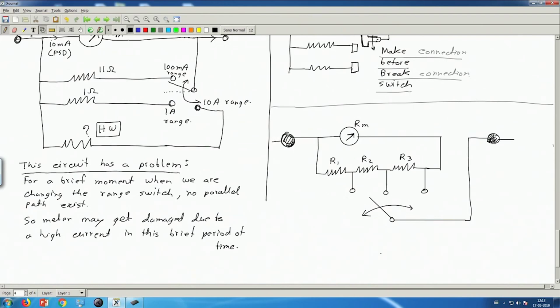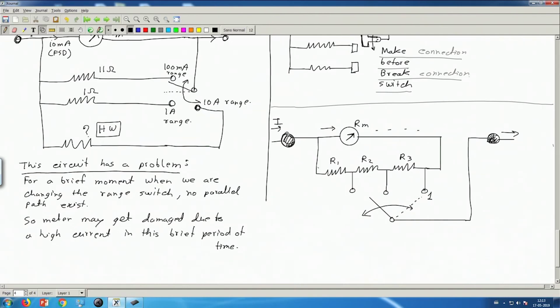Now say I connect the switch to position 1. Then the current that enters gets distributed in two halves. One goes through the meter and goes out.